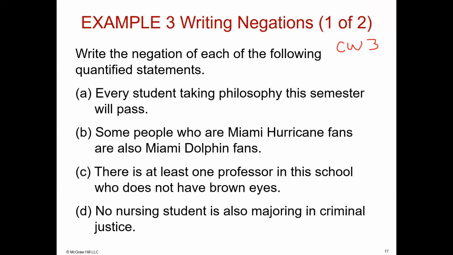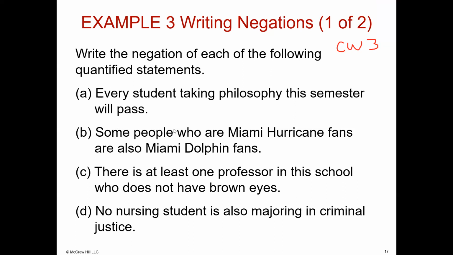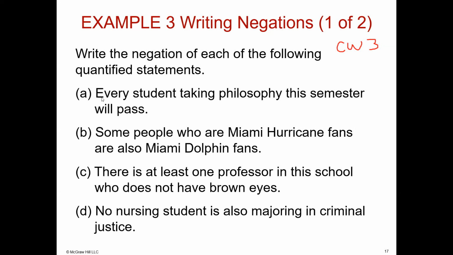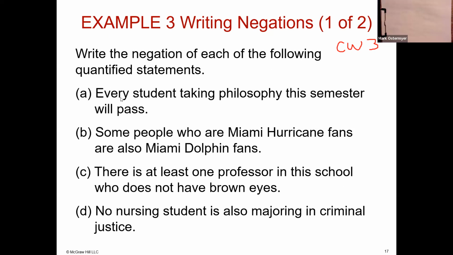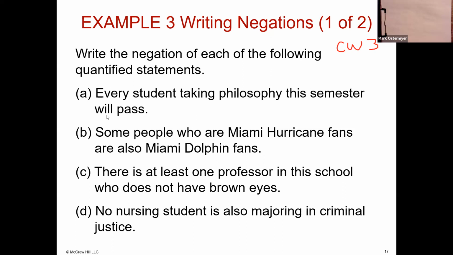So what we could say is some students taking philosophy this semester will not pass. There you go. We're negating the word every, which is a universal quantifier, and we're negating the fact that they will all pass, correct? So some students taking philosophy this semester will not pass. That would be the negation.